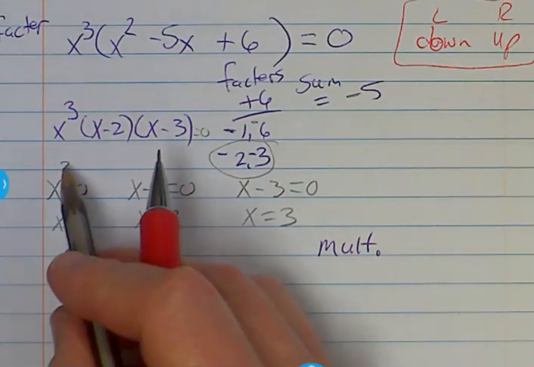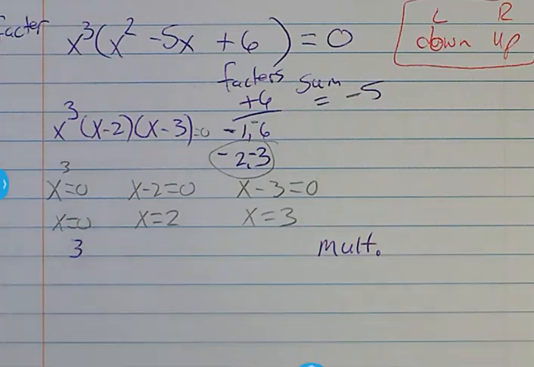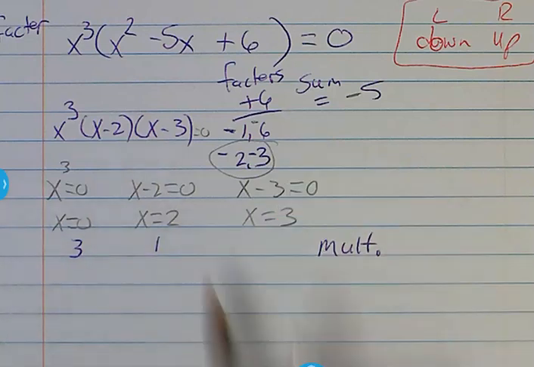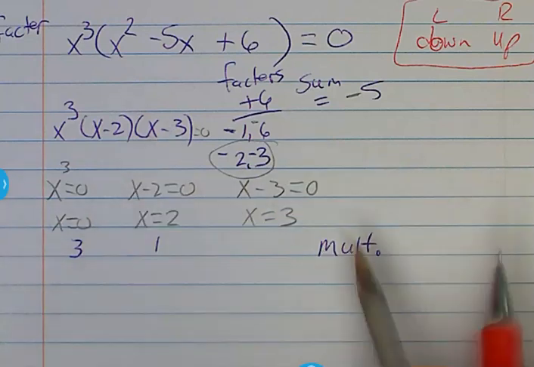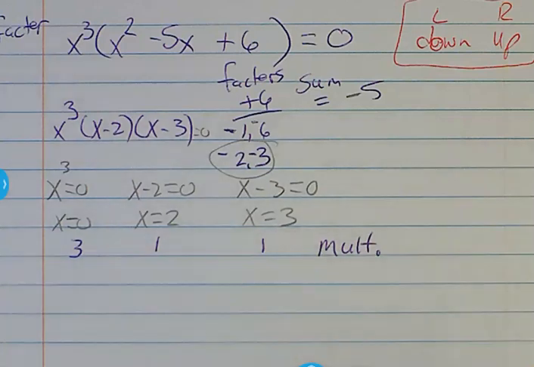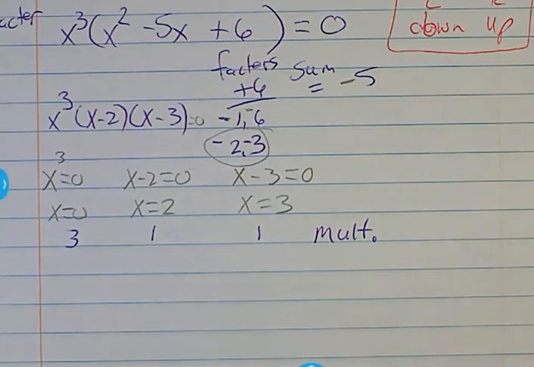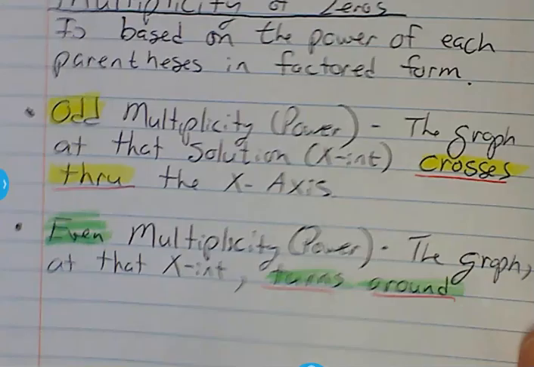This one had degree 3, so this will be multiplicity of 3. There was only one x minus 2, so this one has a multiplicity of 1. X minus 3, same thing. There's only one parentheses there, so it has a multiplicity of 1. But the big thing on the multiplicity is whether it's even or odd.